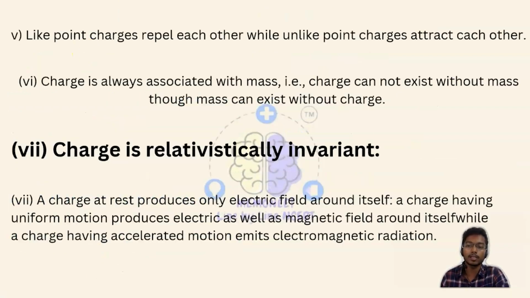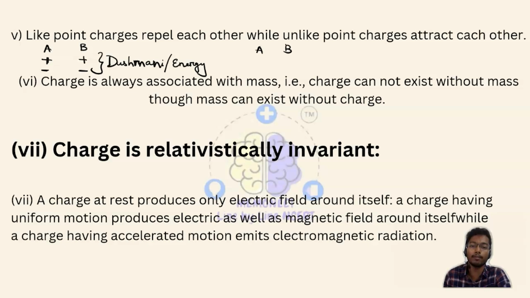Like point charges repel each other and unlike point charges attract each other. Yes, because let's say we have two bodies here, charge A and B. Here the positive and positive charge, and negative and negative charge, these are the like charges. Like charges in the relationship will be dushmani, it means they will be enemies, so they will repel each other.